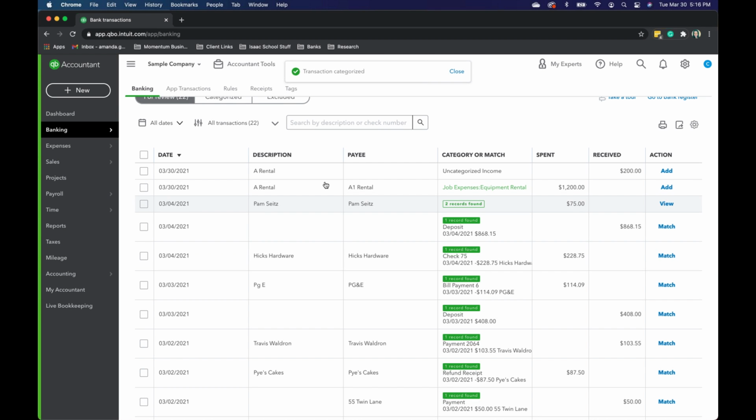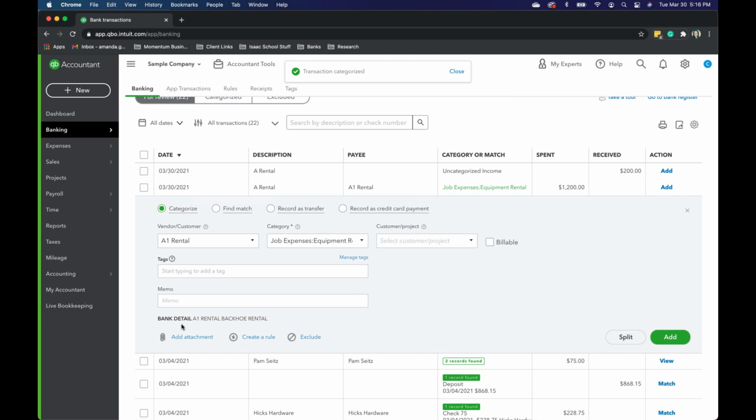Now I'm going to go into this $1,200, and in this bank detail, they give us a little extra information, and they let us know that we are renting a backhoe. So again, it's the same company, A1 Rental. It's also an equipment rental. So this is all set up and good to go. You'll notice that this category or match column has turned green, and that's because we've already entered an A1 rental expense to this account.